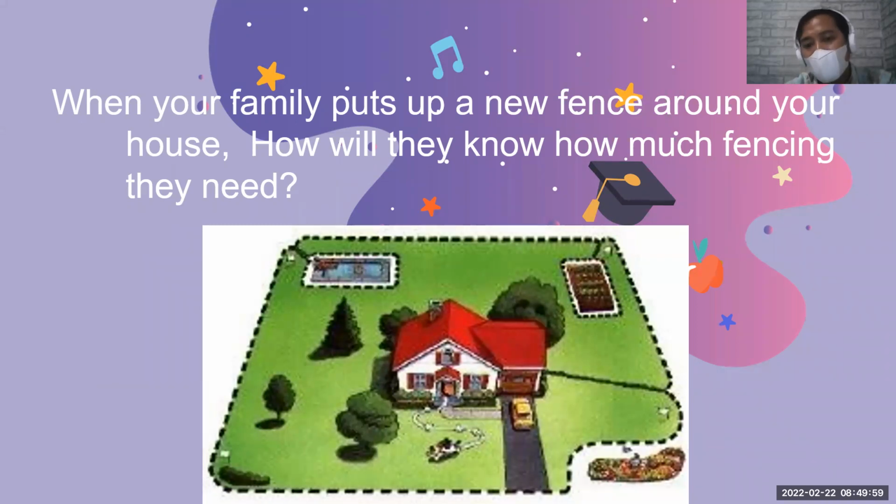When we're talking about a fence, most of the time we put it around our house or around the land that we have, right? For example, like this one, we're going to build it from here to here to here, and so on. This is what we call perimeter, because you only need to put it outside, around the shape, okay?